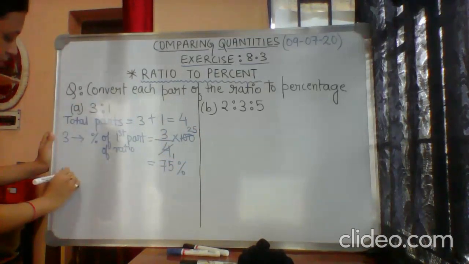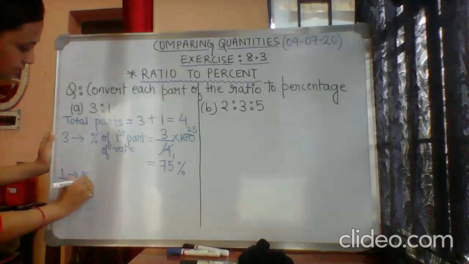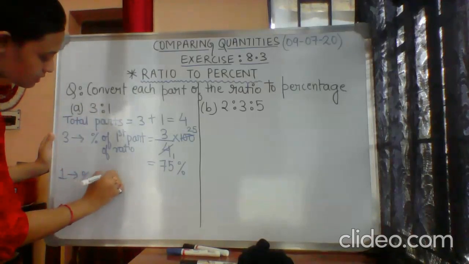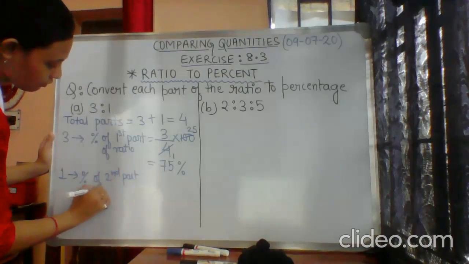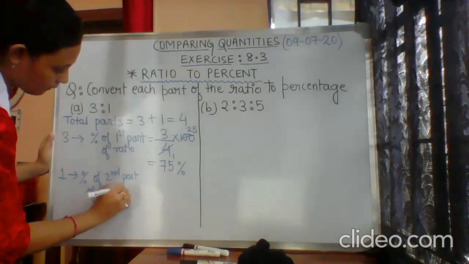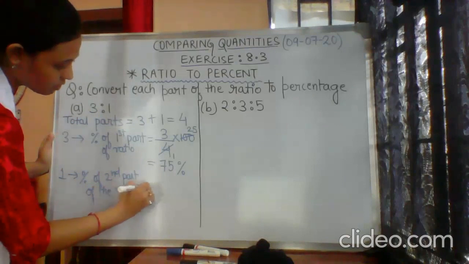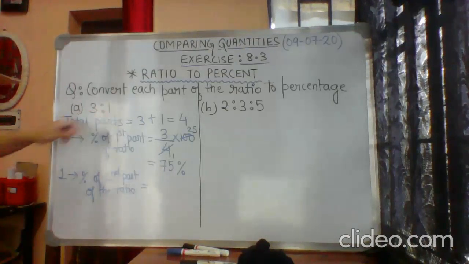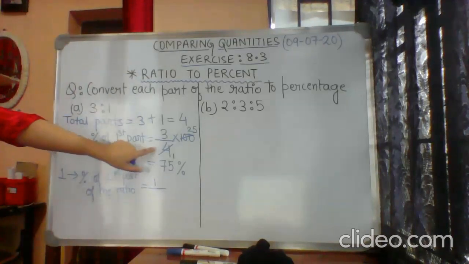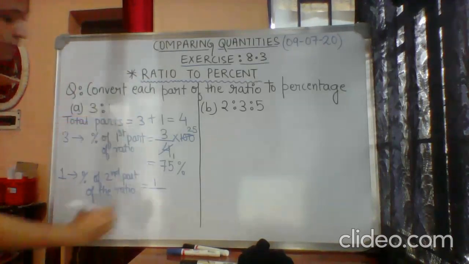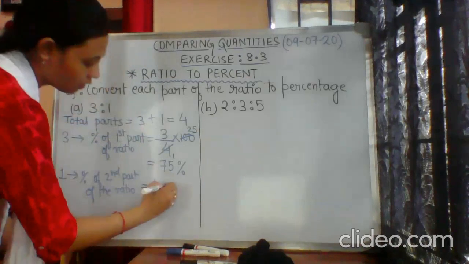Okay. Now we are going to find the percentage of the second part. Second part is how much? 1. So percentage of second part of the ratio equals, second part is 1, divided by total number of parts, 4.